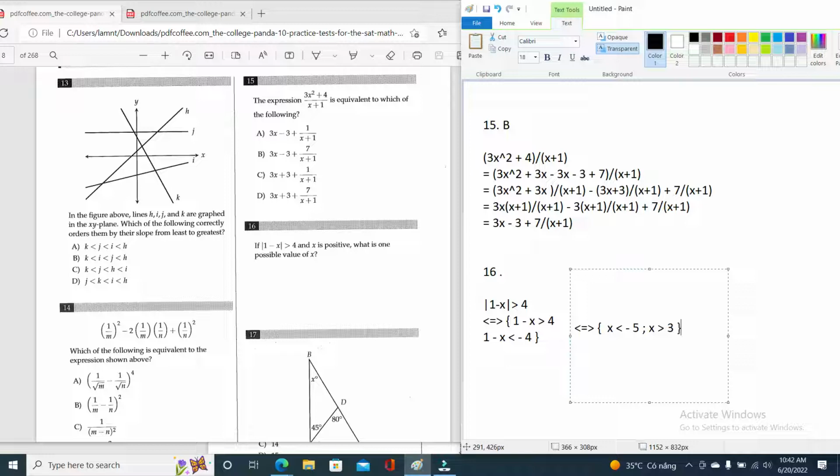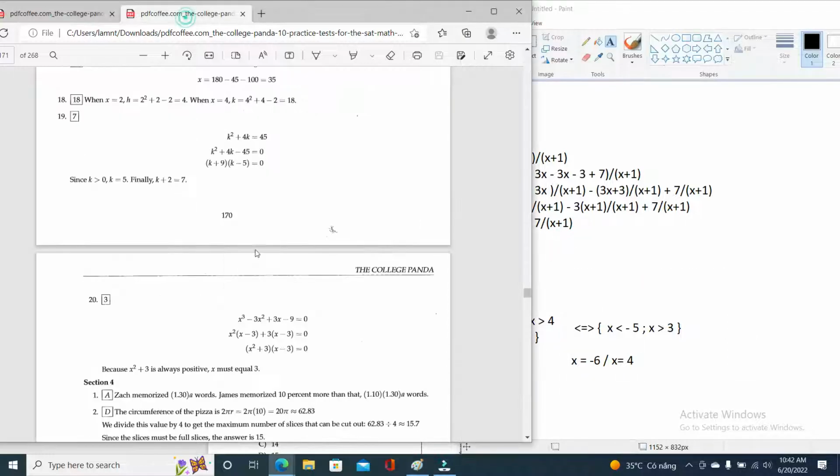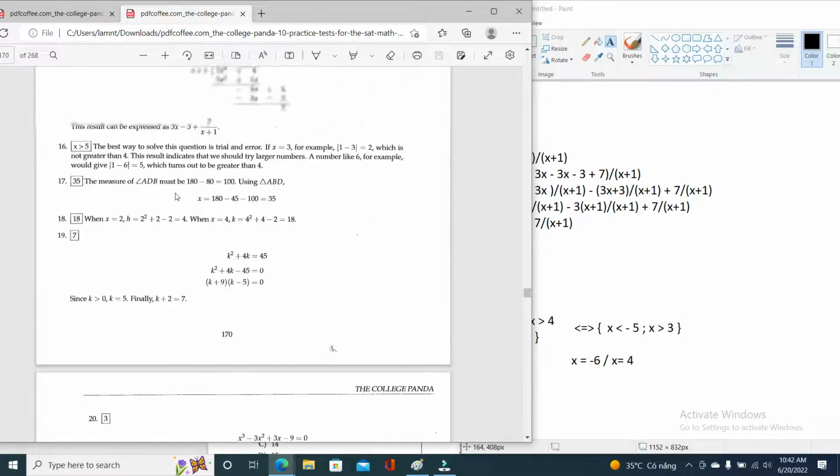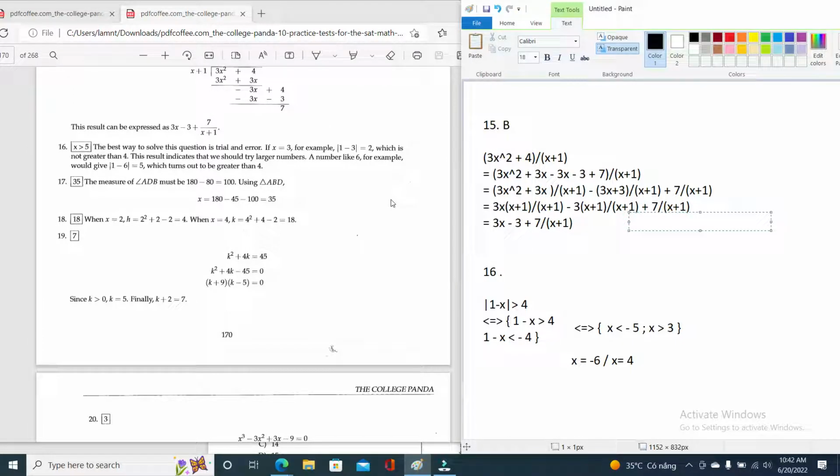You can read it like x equal to negative 6 or x equal to 4. It's okay. So you can put in x equal to 6, which means it has to be bigger than 5.